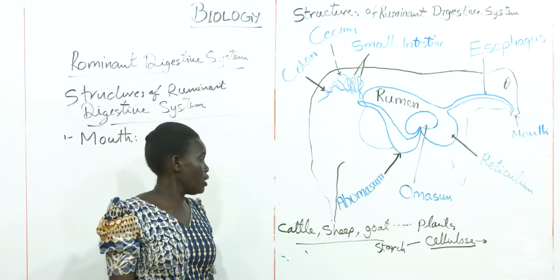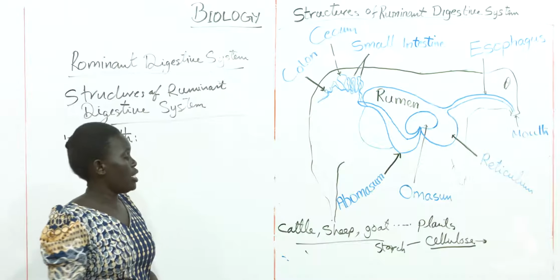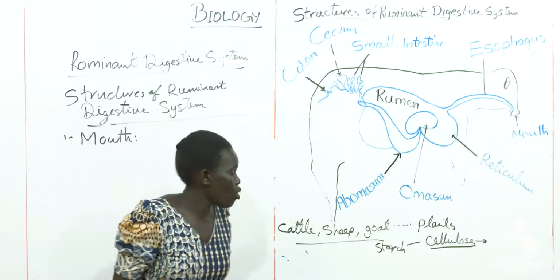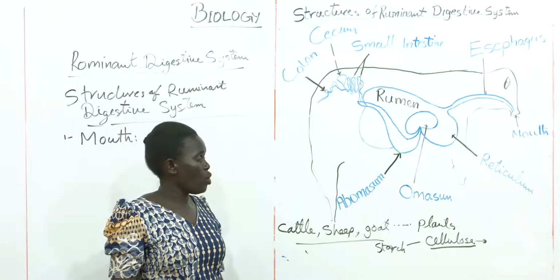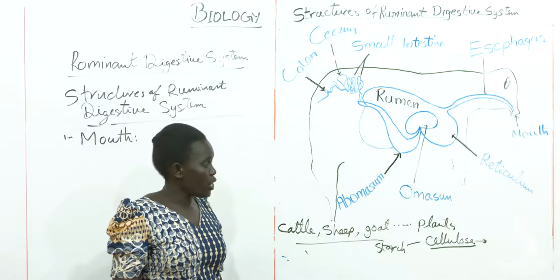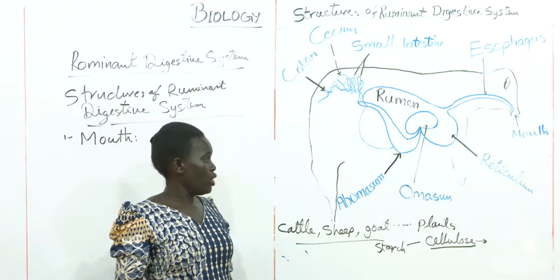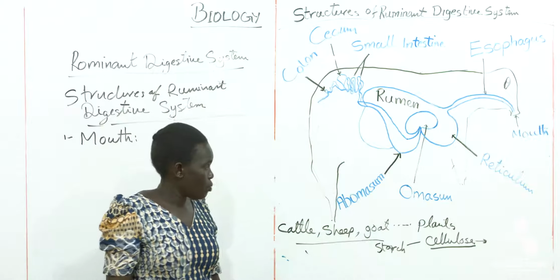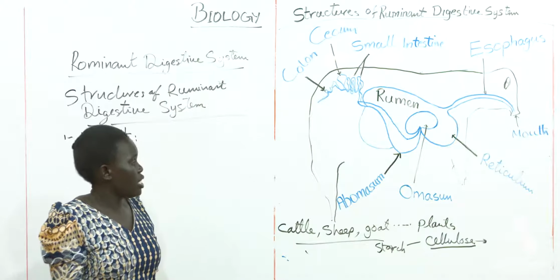All types of plant they feed on, and we know very well the plant cell wall is made up of cellulose, which is a type of sugar, a polysaccharide. There is no enzyme in animals, specifically mammals, to digest it, but we shall see how it is digested.